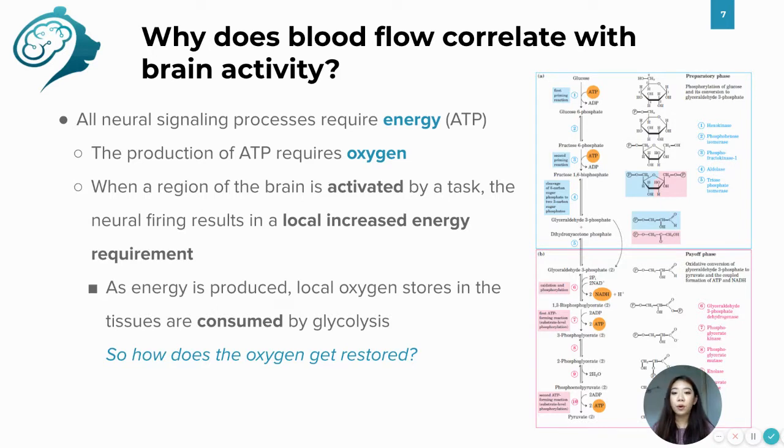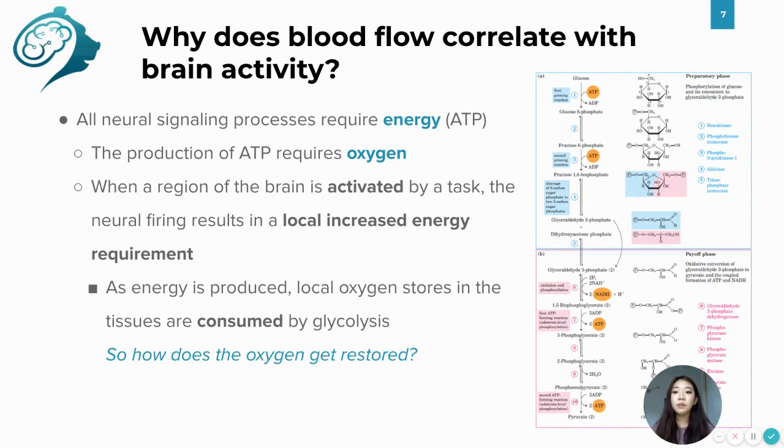So like I said before, one of the key questions we want to answer here is, why does blood flow correlate with brain activity? So this is a dense slide, but don't be intimidated. Basically, all neural signaling processes require energy in the form of ATP. And the production of ATP, which occurs in mitochondria, requires oxygen.